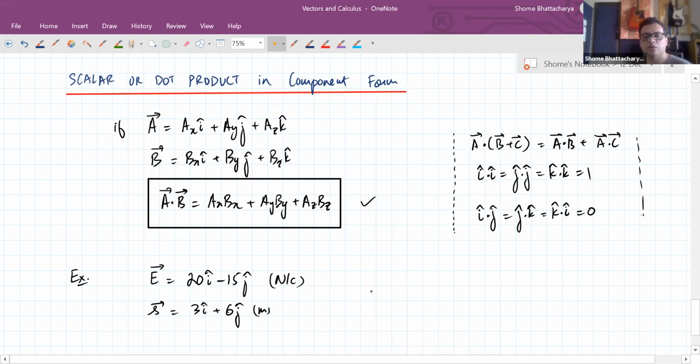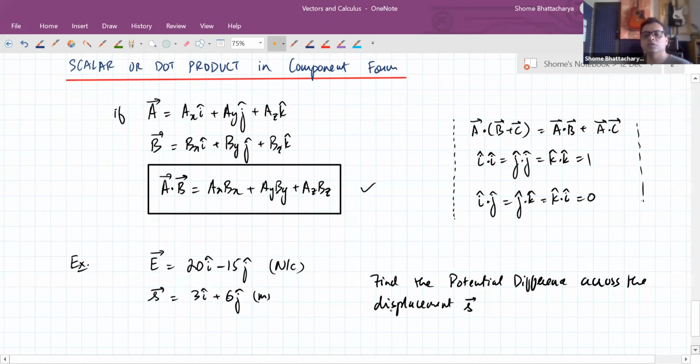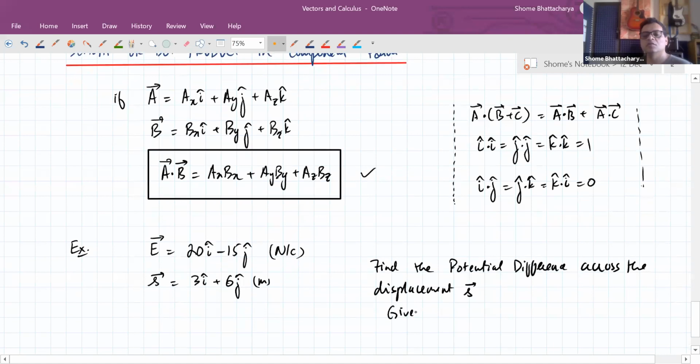And we want to find out the potential difference across the displacement S. Given that the formula of potential difference is negative of E dot S.